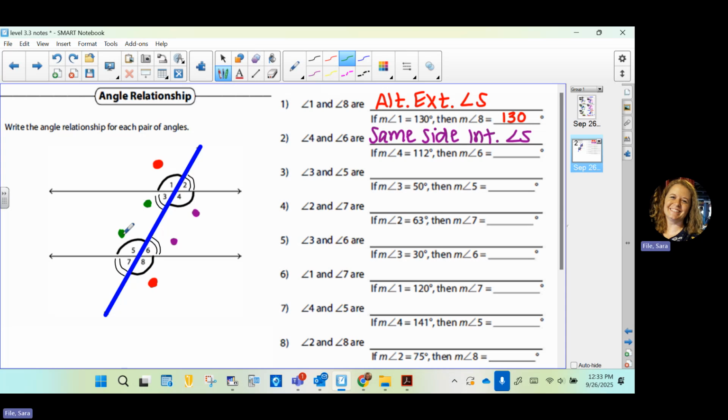They're same side of the blue, but are they inside or outside the parallel lines? Are they in between them or are they outside them? They're in between the parallel lines, right? The parallel lines are these two running horizontal. So both of these green dots are inside. So these are same side interior also. So this is a different set of same side interior.